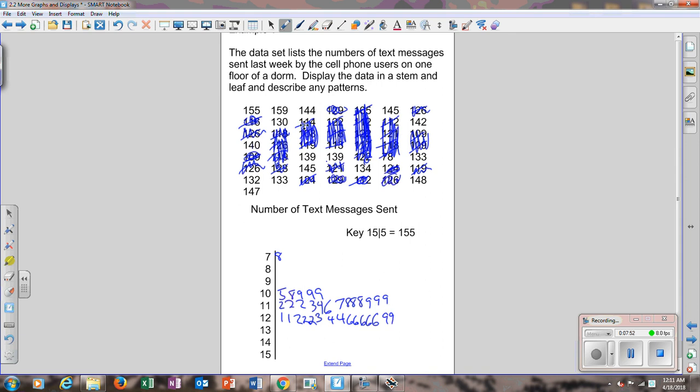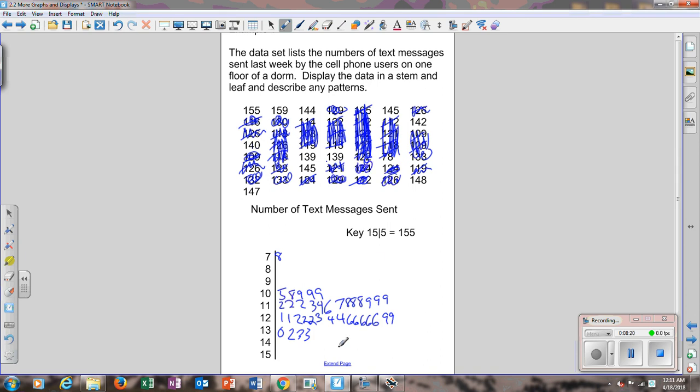Now we're on the 130s. There's one. No 131 either. 132. There's one. There's 133. So we have one 132 and two 133s. 2, 3, 3. 134.